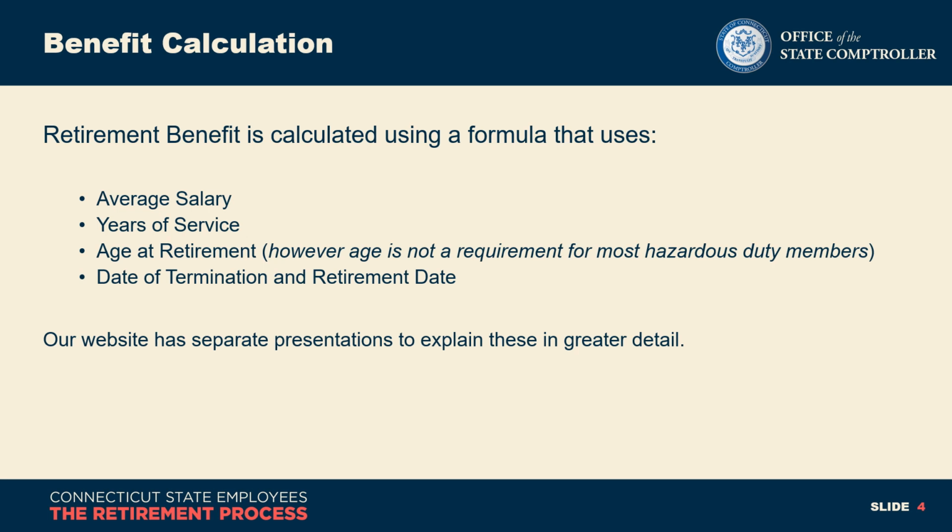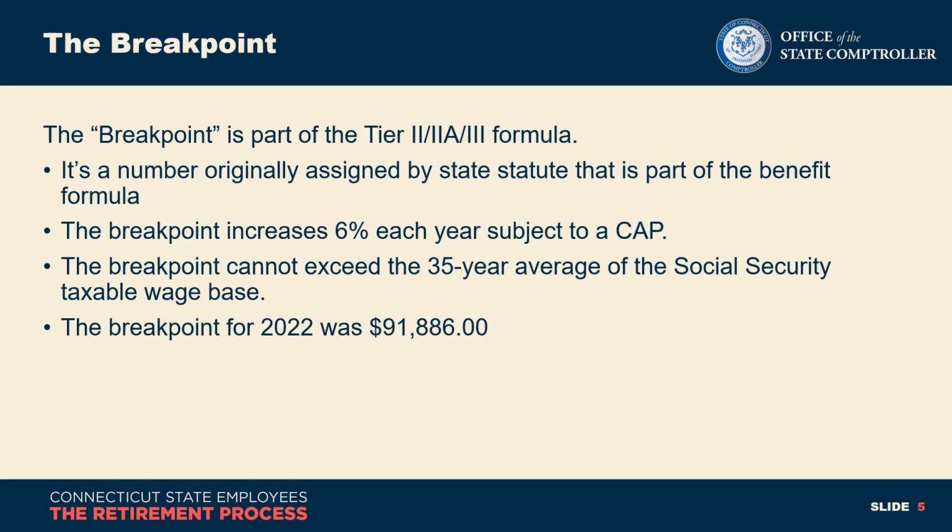Due to the changes over the years to retirement eligibility and the benefit formulas, when you left state service and when you elect to start collecting your retirement benefit are also taken into consideration when calculating your monetary benefits for Tier 2 and 2A members. Tiers 2, 2A, and 3 use something called a breakpoint as part of the formula.